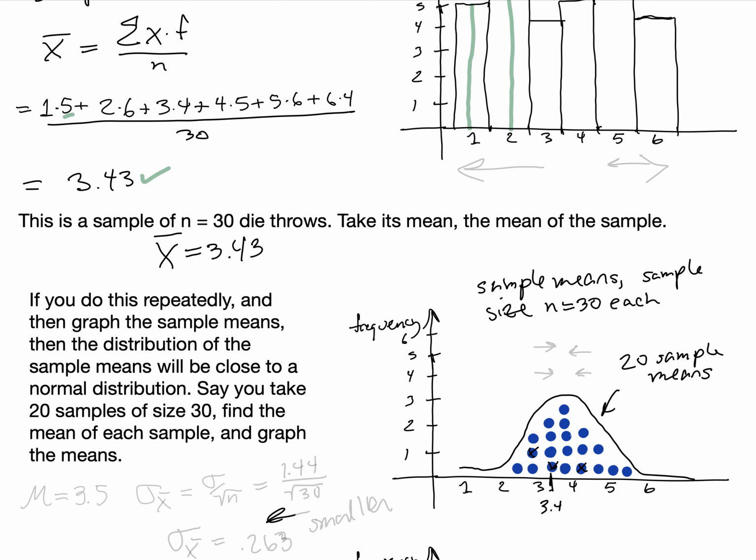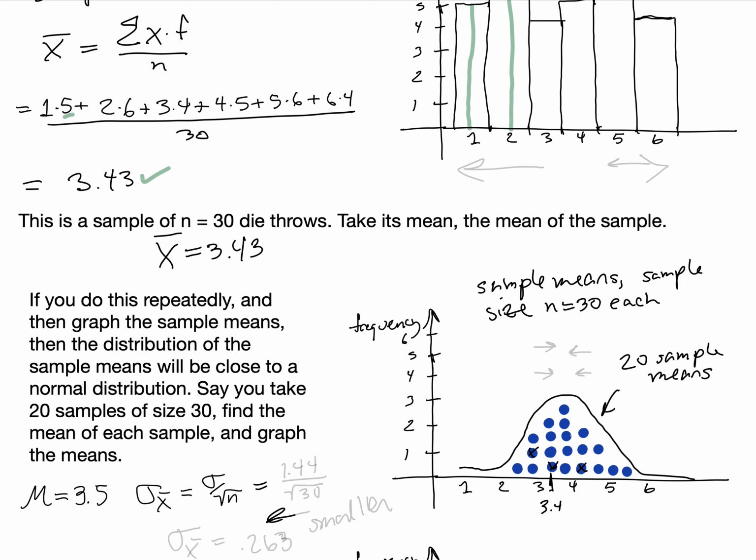Now, what the central limit theorem says, again, is that those sample means will be normally distributed or approximately normally distributed, and that it will have a mean of the original mean. So the original mean for this distribution was 3.5, and the standard deviation for this distribution of the sample means will be the old standard deviation divided by the square root of the sample size.